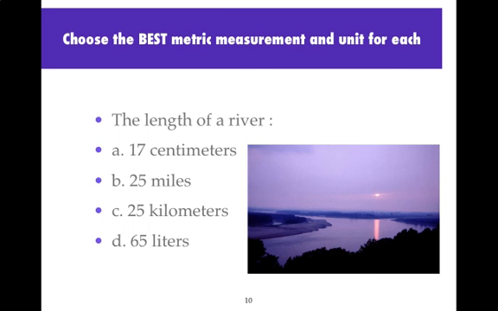Remember, a centimeter has the prefix centi. That would be 1/100th of a meter stick. So 17 centimeters is very tiny. 25 kilometers would be a much longer length. So if we're looking at the length of a river, the best answer would be 25 kilometers.